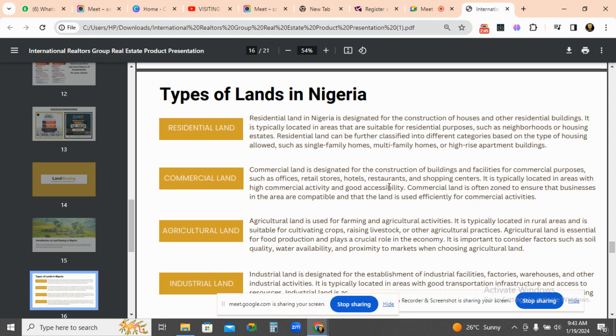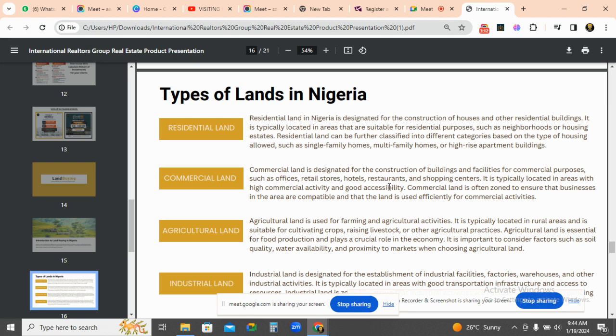Residential land once again is the land that has been designated and separated, or let me say consecrated, if that word can be used, for the sole purpose of residential building. That is for the construction of houses and other types of residential buildings that people will live in.